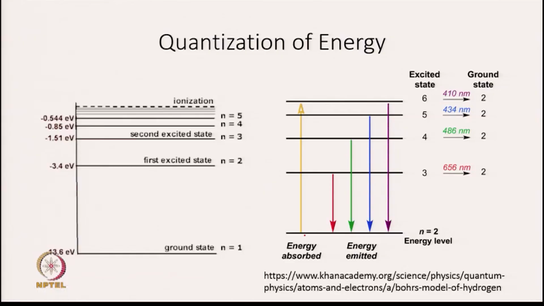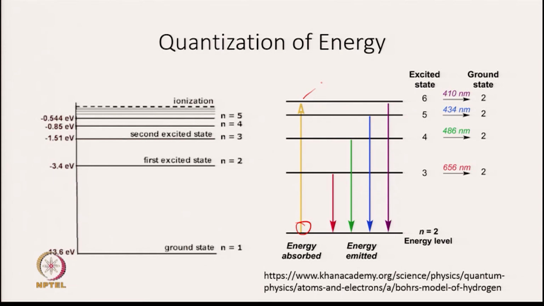See here, this electron takes energy and goes to, suppose, the excited state of n equal to 6. So, it is going from the n equal to 2 energy level to n equal to 6. Now, suppose it comes back, then what happens?